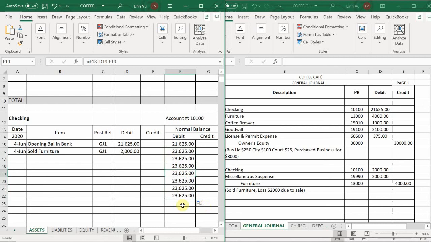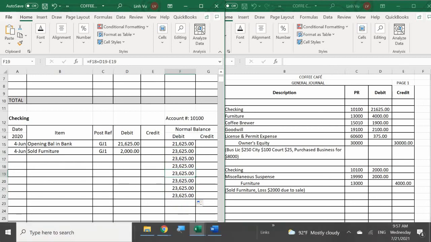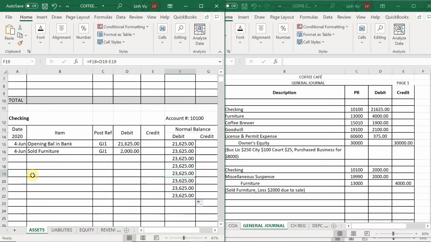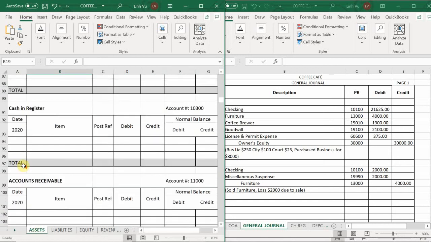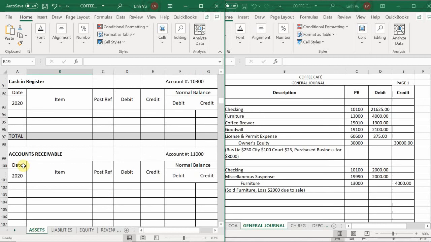Let's go ahead and finish up the rest of the account. So now I have a miscellaneous suspense account. Like I said, I recommend you try to do it in order by the journal first. But once you get used to this system and you think you can go through each account with no problem, then you can go ahead and freely do what you need to do.